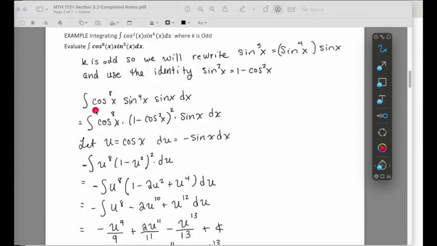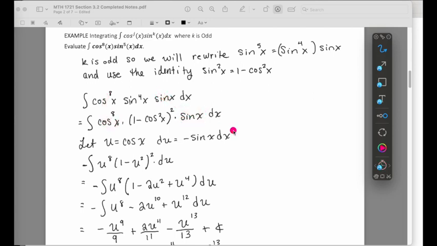All right, so we have cosine to the 8th x, sine to the 4th times sine x. We rewrote that. That was sine to the 5th. And then we're going to rewrite sine to the 4th as sine squared squared. And when I replace the sine squared with 1 minus cosine squared, I get 1 minus cosine squared squared. So this is still equivalent to sine to the 4th. I'm bringing everything else down.